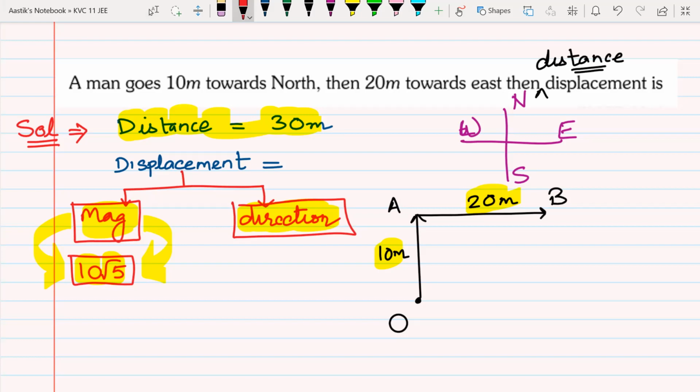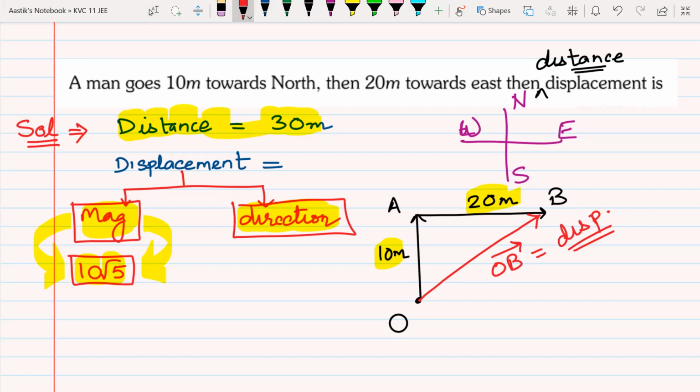Joining initial and final position. Yes, joining initial and final position with a vector. You can call this vector OB vector. Your OB vector is your displacement. Do we understand this, my dear friends? Yes, sir. That is the answer that I was looking for.